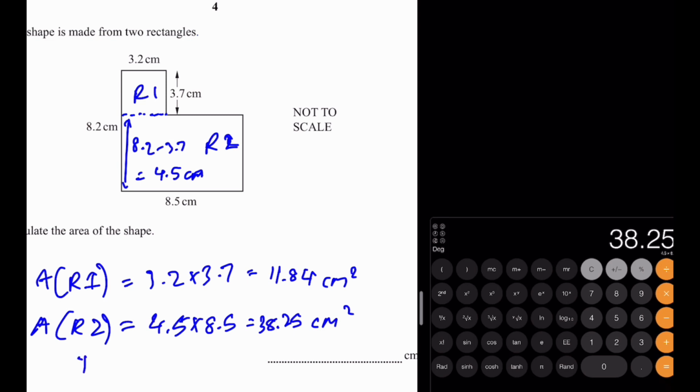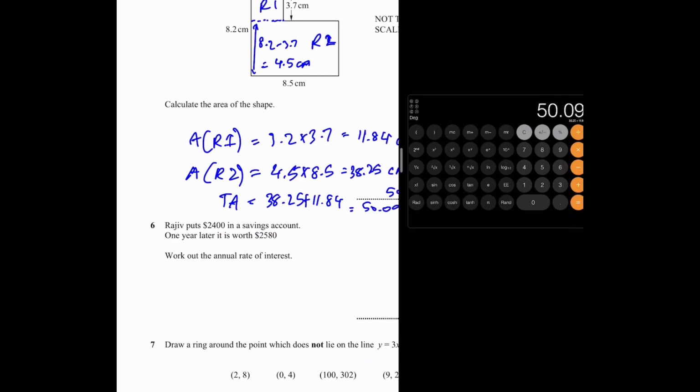Now the total area, TA, is equal to 38.25 plus 11.84. We get 50.09 centimeters squared. That's the answer.